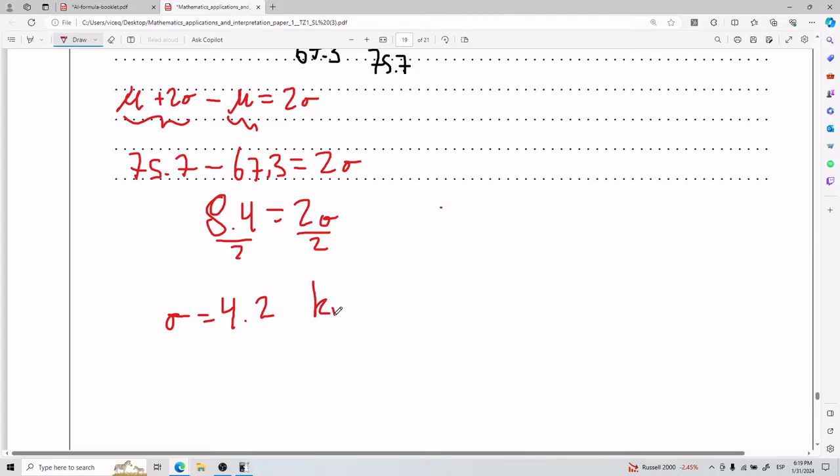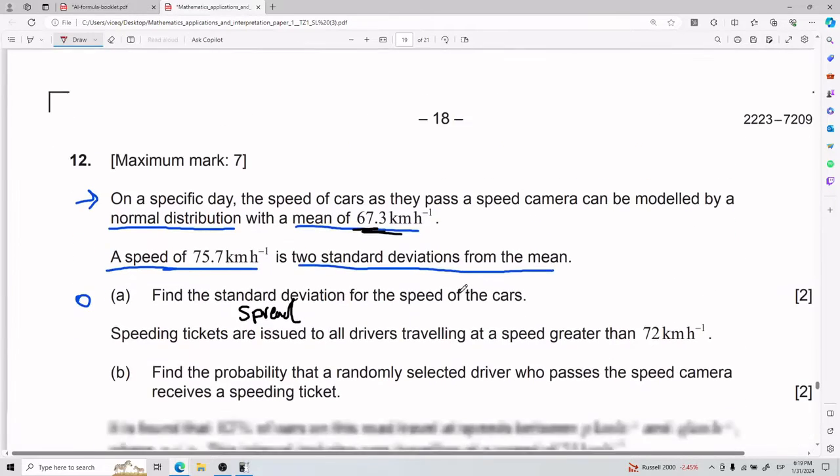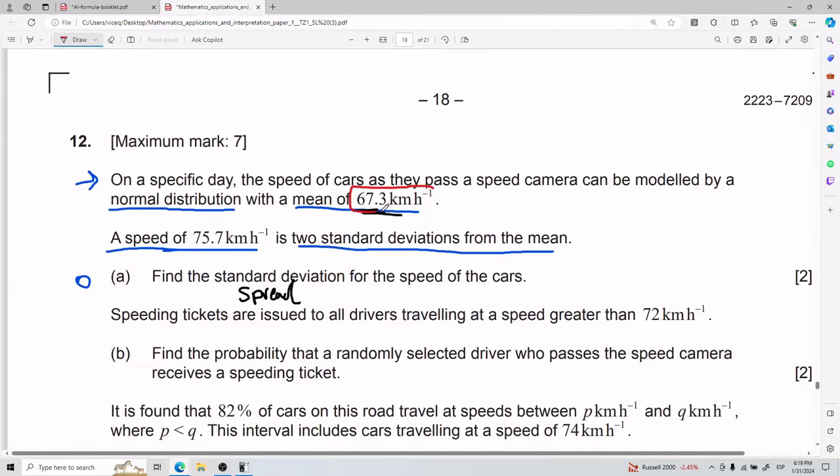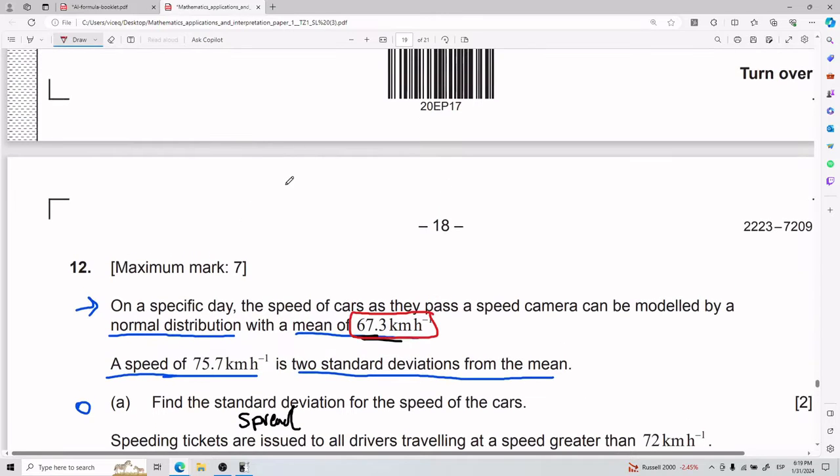4.2 what? Kilometers per hour. Okay? Oh, and that's also something I forgot to mention. When they put this negative exponent, okay, remember that a negative exponent, for example, x squared stays as x squared, x to the power of -2 turns into 1 over x squared. So what does the negative exponent do? It just sort of flips it, okay?